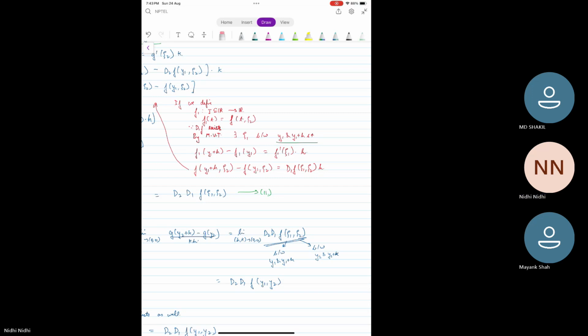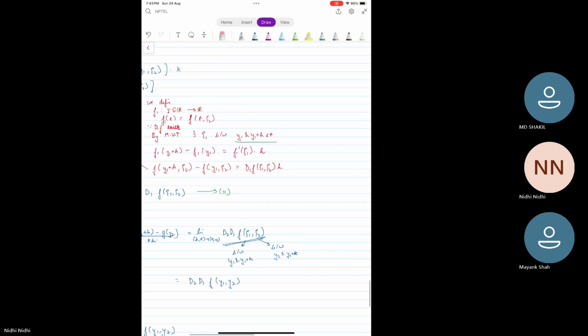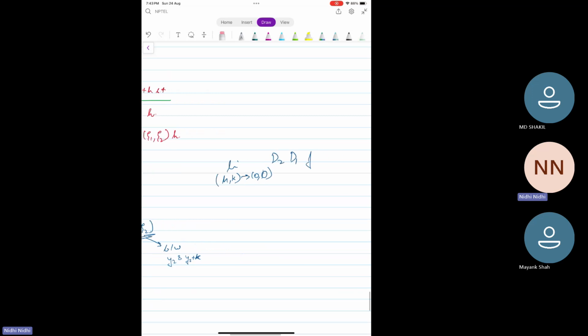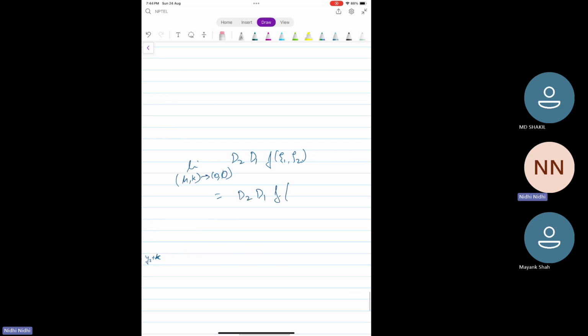In order to take this limit inside, we need the continuity of d1. Basically we had the limit h, k tending to 0, 0 of d2 d1 f at zeta 1, zeta 2. From here we got d2 d1 f at the limit of zeta 1, zeta 2.